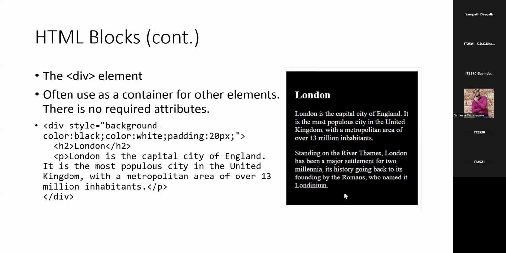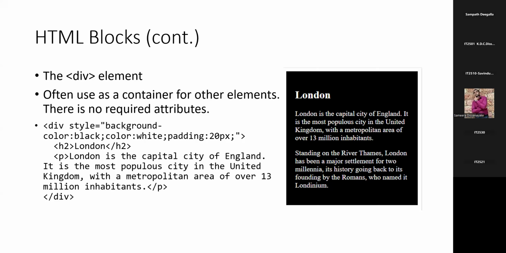Depending on your requirement, you might change it. Within that, we have a level 2 header, H2, London, and then a paragraph. So this is the first example of a block element.